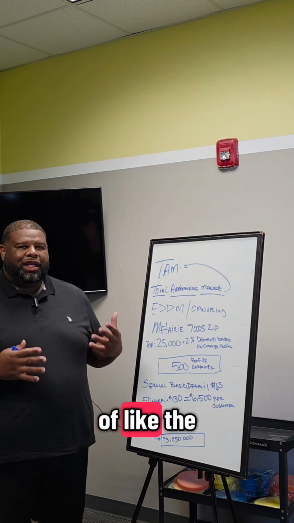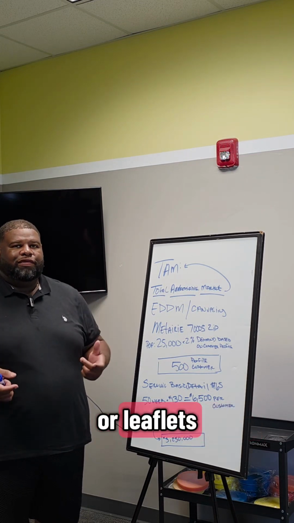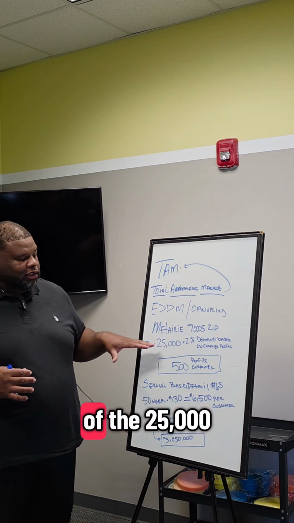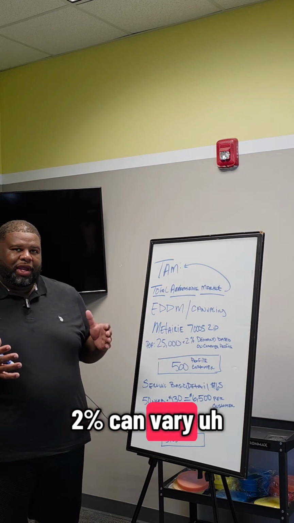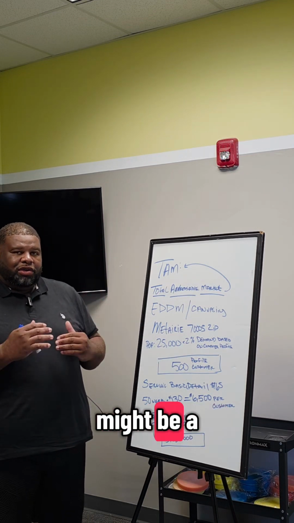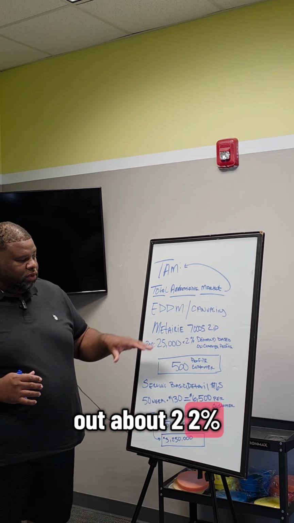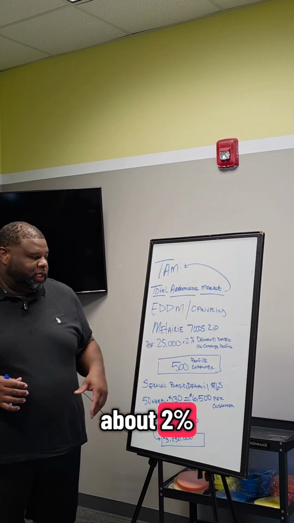That's kind of the industry standard of the return you're going to get back if you're putting out marketing material or leaflets. So about 2% of the 25,000 is what you're going to receive. Now, sometimes this 2% could vary. It might be higher, might be a little bit lower, but it roughly balances out to about 2%.